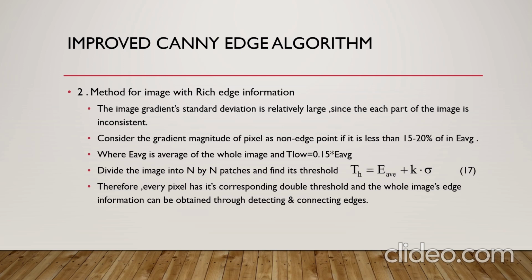The lower threshold value is 15 to 20% of the average of the whole image, and we divide the total image into n cross n size patches and find each threshold value, where th is the upper threshold value of that patch, equal to the average value of that patch plus k times the standard deviation of that patch.